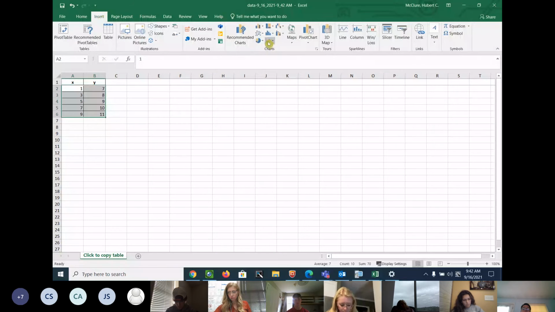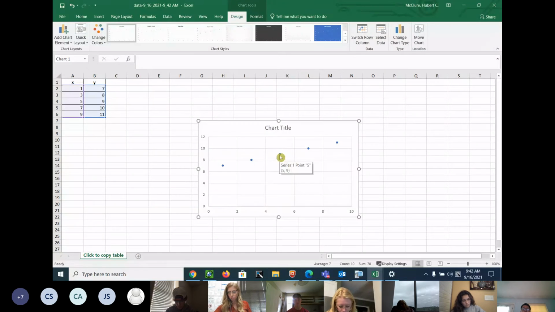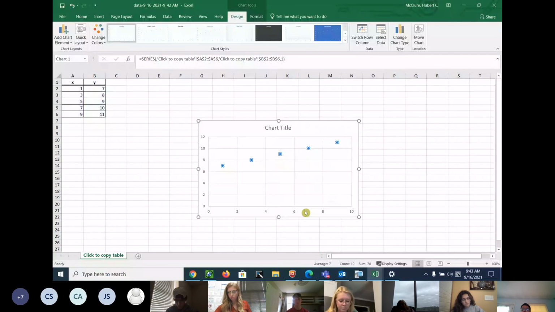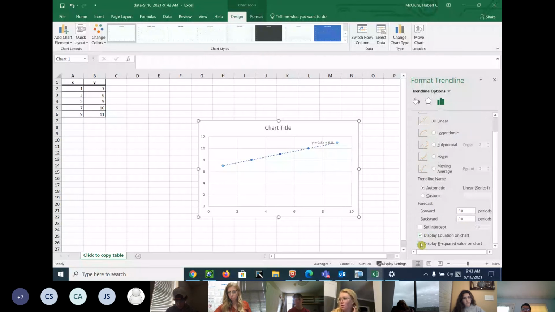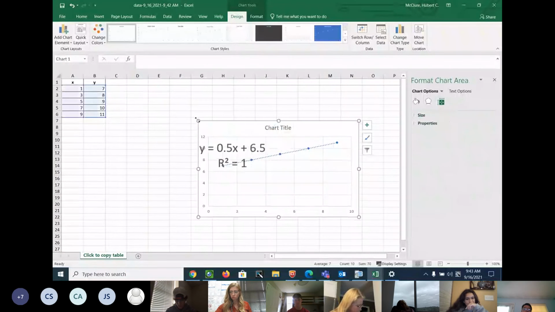Go to Chart Plot. Right click. Add trend line. And display, and there is your answer. And I'm going to blow up the graph.